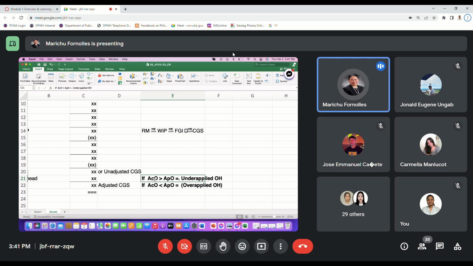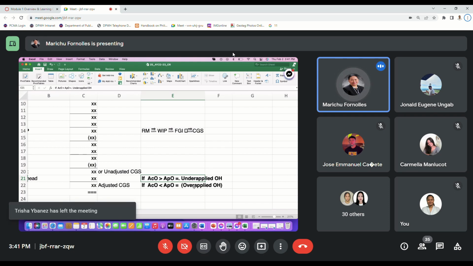So if actual overhead is greater than applied overhead, the difference is called under applied overhead. If the actual overhead is less than the applied overhead, the difference is a negative amount representing over applied overhead.